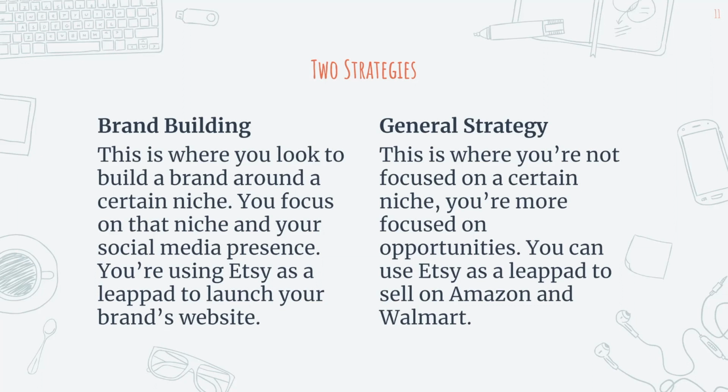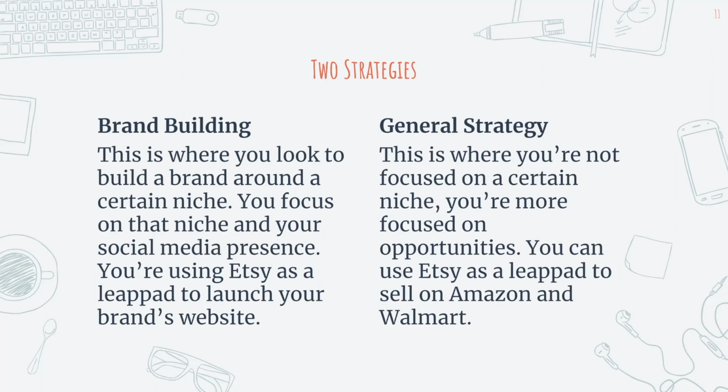And with the general, you're just looking to go wide, right? So let's say you just want to sell a lot of t-shirts, you're just looking for opportunities with whatever the niche is, and so you might sell t-shirts within a lot of different niches. So think of it like Walmart. Walmart is not a niche store. They just sell a lot of different items.